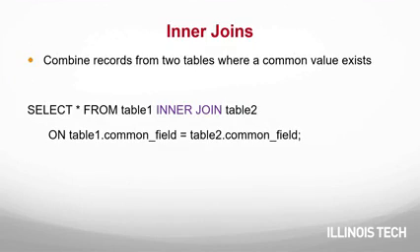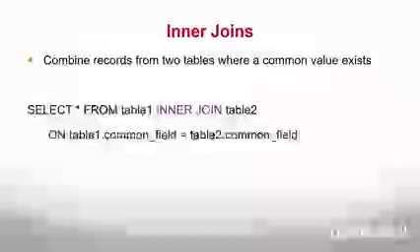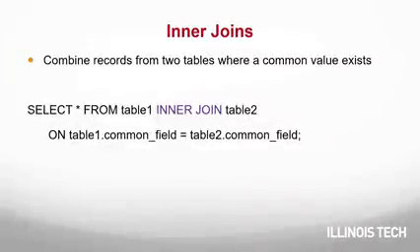And we also have to specify which attribute, which column needs to match between the two. So we have to specify on table 1 dot common field, whatever the name of that column is, equals table 2 dot common field. The values in those two attributes need to be the same between the two tables for that join to take place on a particular pair of records. This syntax implements the equijoin, where the value is supposed to be equal. We'll see other versions in a moment.